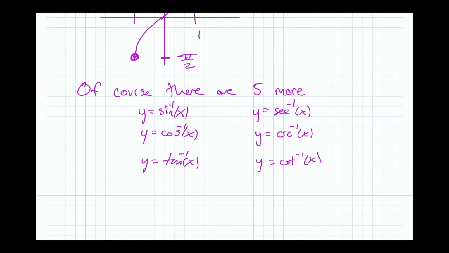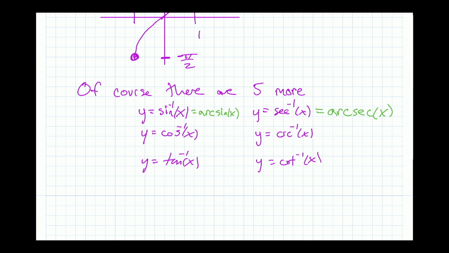Also, there's an alternate way to refer to them, which I'm not going to do, but you need to understand it. For all of them, instead of calling them inverse secant, like I wrote this one, you could call them arc secant. That's the same function. And that's true for any of them. You can say arc sine and so on.